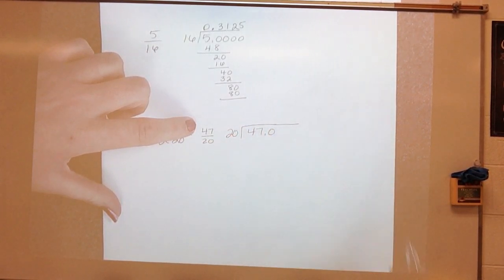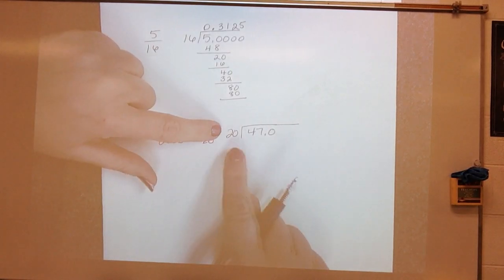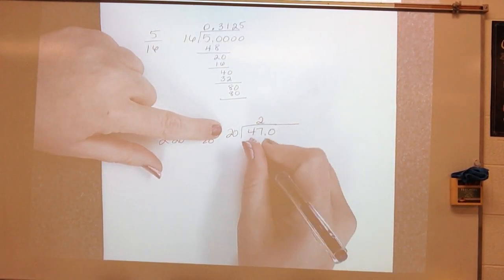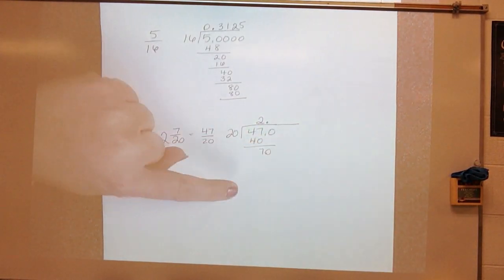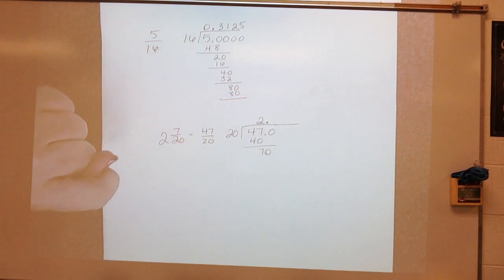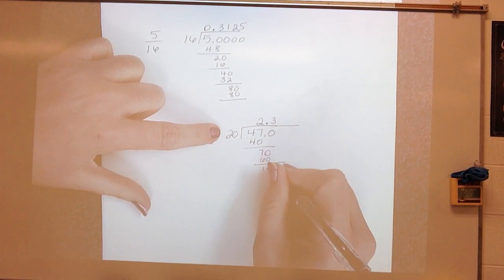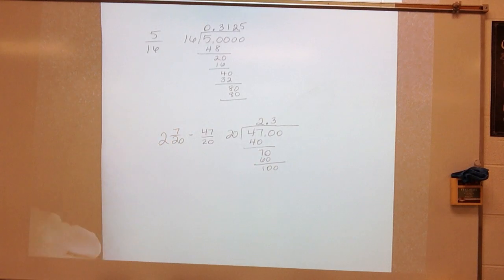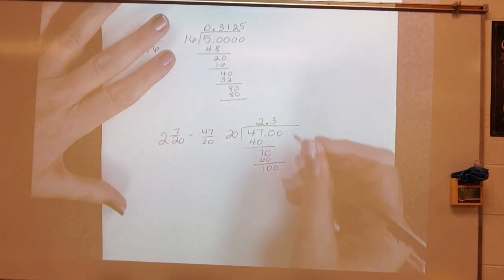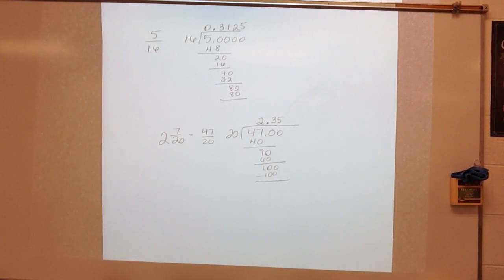I'm going to go ahead and add a decimal and a 0. I may need to do more. We'll see. 20 goes into 47 2 times, which is 40. All right, go ahead and bring that decimal up. 20 goes into 70 3 times, which is 60. I get 10. And I would go ahead and add one more 0 because now I have 100. And 20 goes into 100 5 times, which means that I'm finished. So it is 2.35.